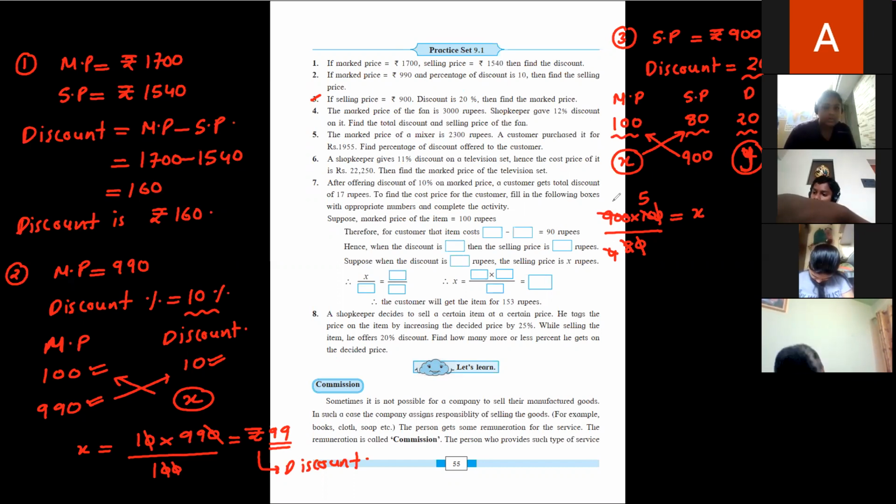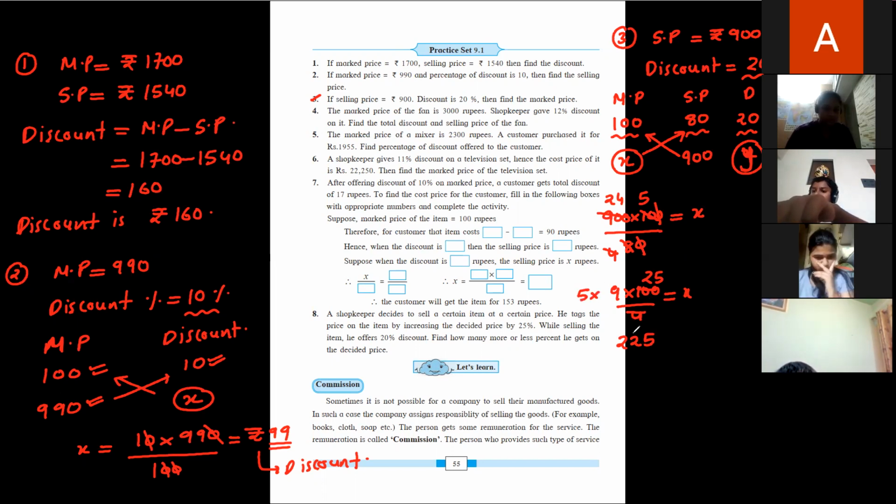Just one second. It will be 9 into 100 upon 4 equal to X. This will be 25. 9 into 25 will be what? It will be 225.